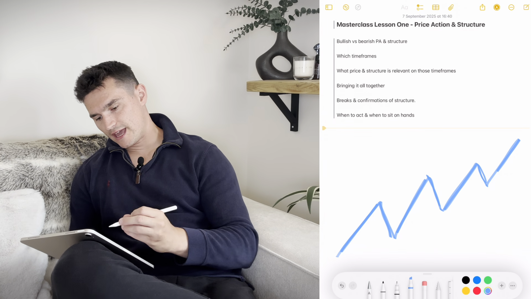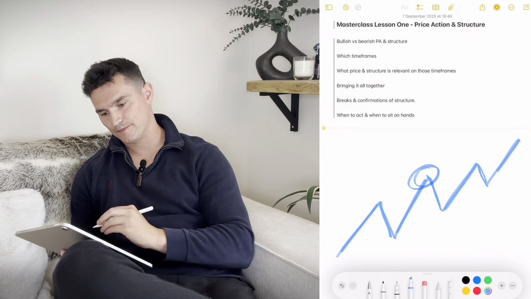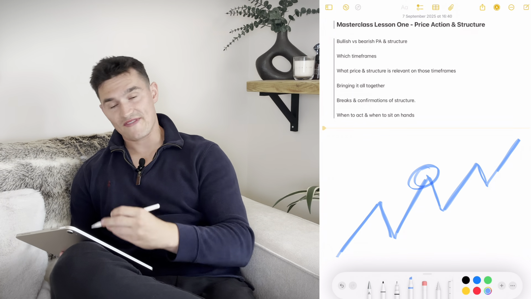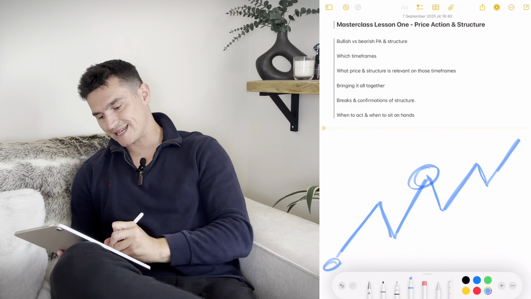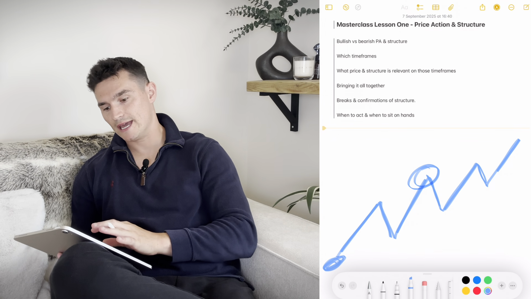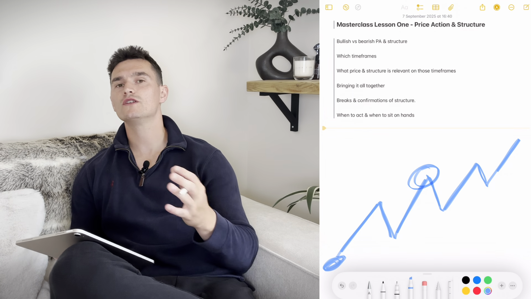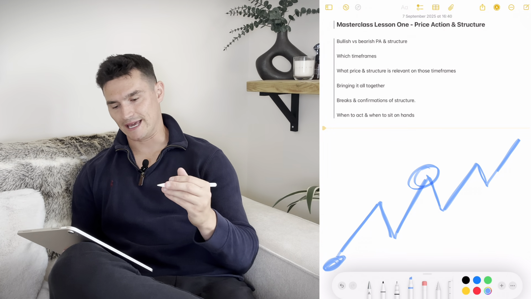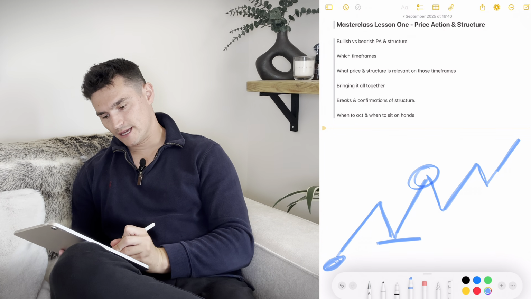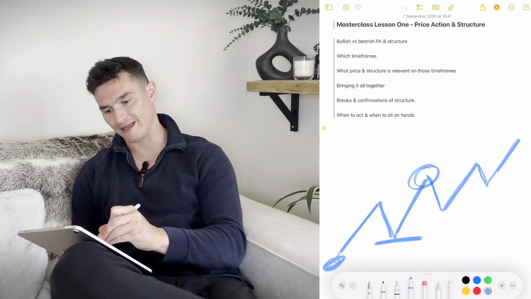Now, if we're at this area here, at that higher high point, do I care about price back down here? No, I don't. What I care about, and this is where so many people overcomplicate things or overlook or look at too much, is the most recent higher low prior to that higher high forming here.